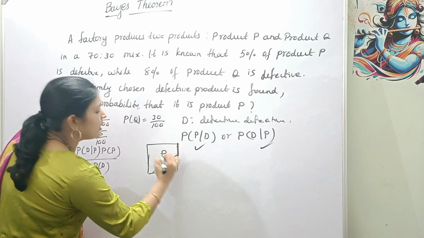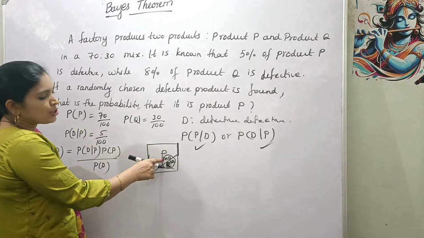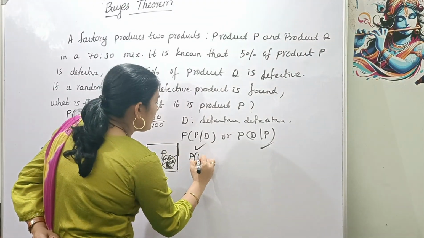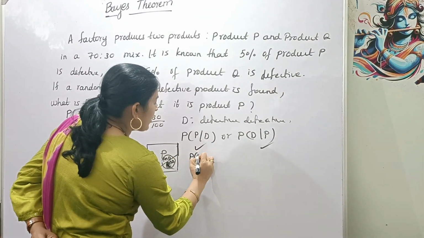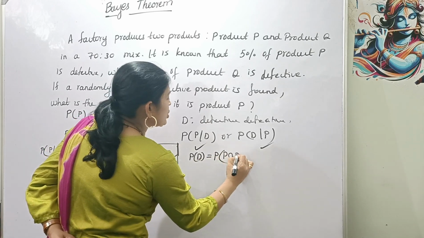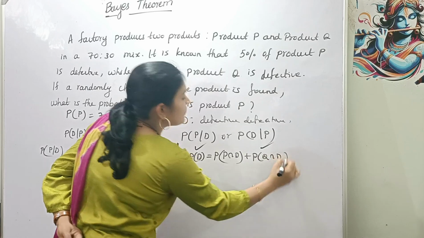Q intersection D. Therefore, we can write probability of D is equal to probability of P intersection D plus probability of Q intersection D.